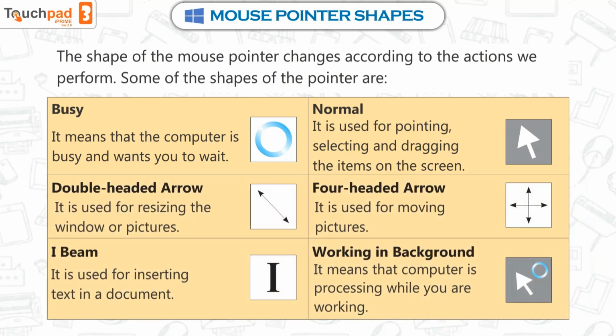Double-headed arrow. It is used for resizing the window or pictures. Four-headed arrow. It is used for moving pictures. I-beam. It is used for inserting text in a document. Working in background. It means that the computer is processing while you are working.